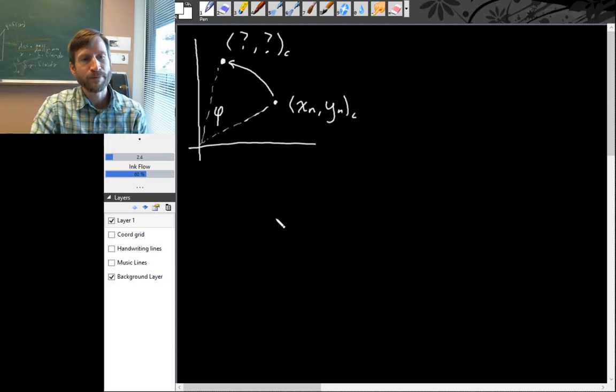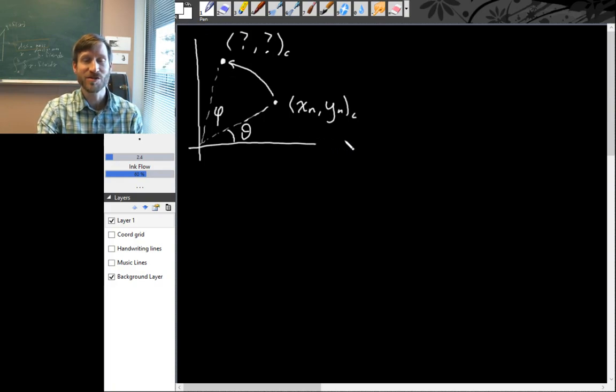So you might notice that if we wrote this point x sub n, y sub n in terms of polar coordinates, then its polar angle theta would show up right here. And then the polar angle for the rotated point is just theta plus phi. And so that's a good place to start.